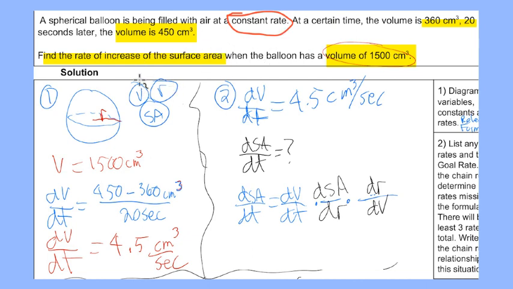So we should do our volume formula for a sphere. Volume equals 4/3 pi r cubed. And surface area equals 4 pi r squared.